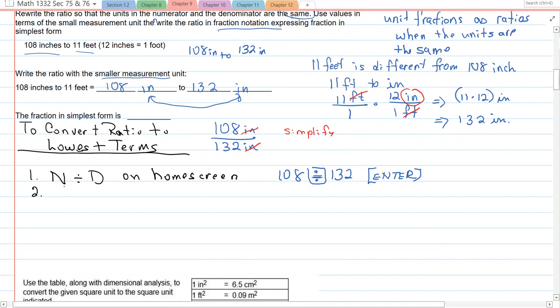We're going to immediately go to the math key, and then on next window, choose number 1 frac and enter.